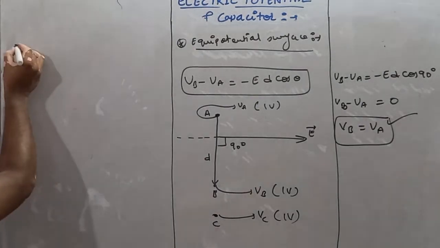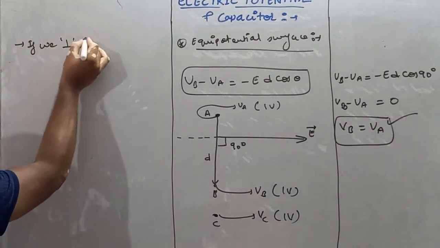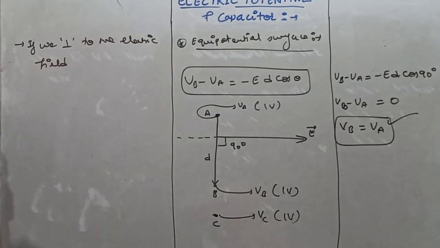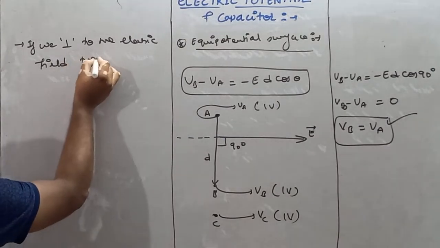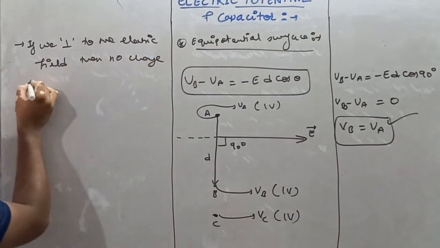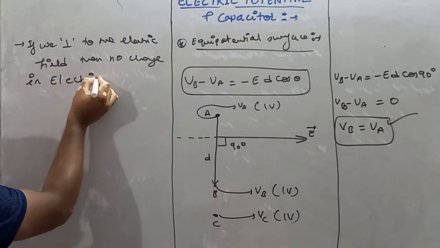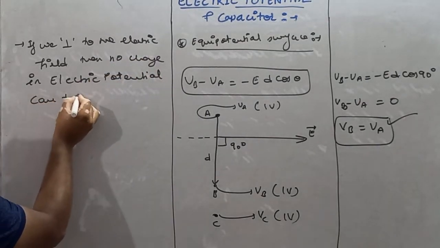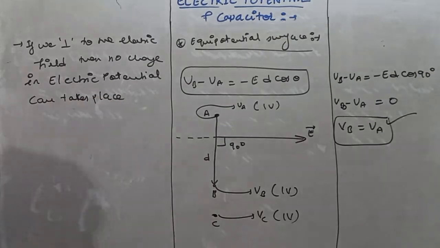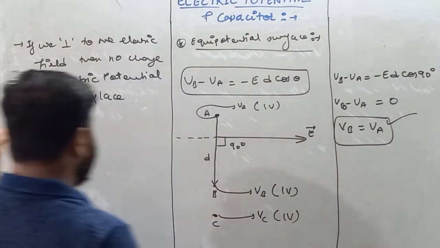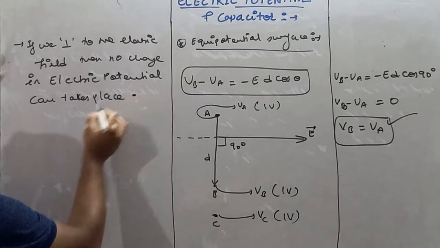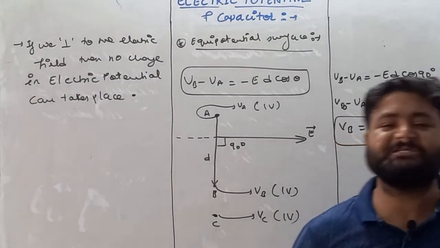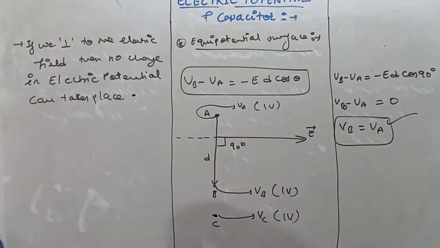I'll write here: if we move perpendicular to the electric field, then no change in electric potential can take place, and if no change in electric potential can take place, then that surface is called an equipotential surface.